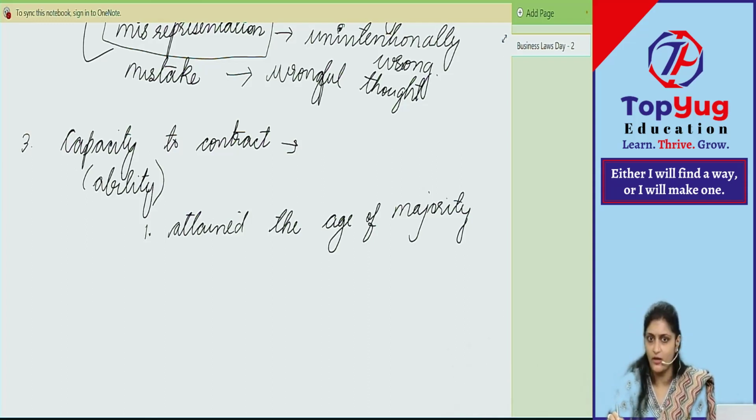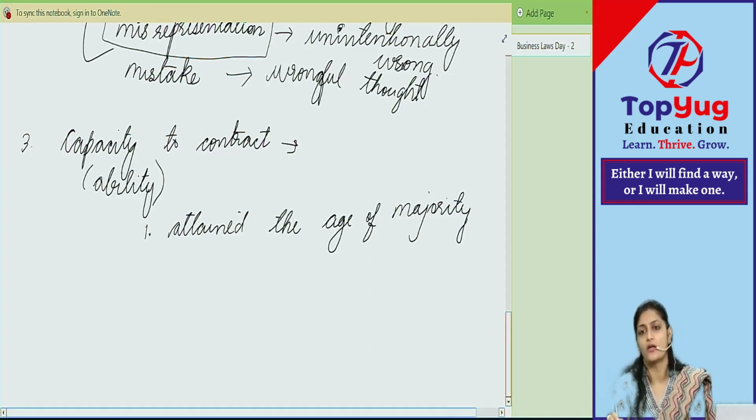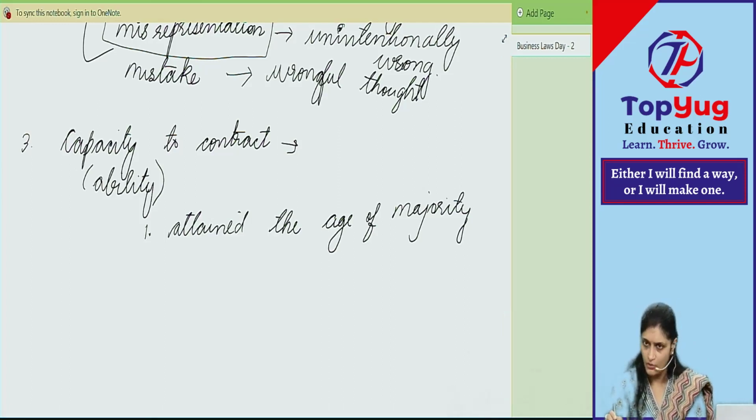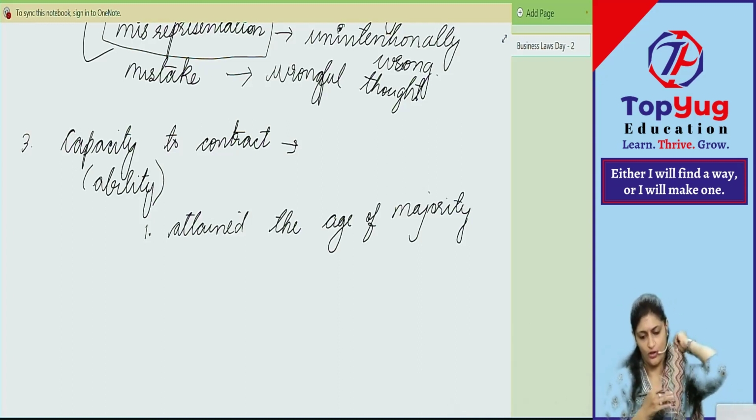It is not a valid contract, therefore not a contract, just an agreement. So the parties entering into contracts should be majors, 18 years and above. Below 18 years, minors cannot enter into any contract.